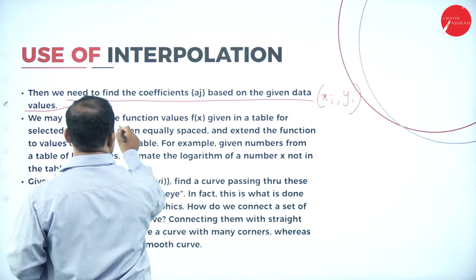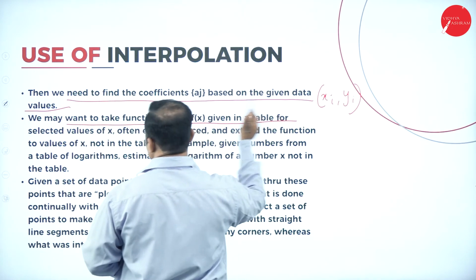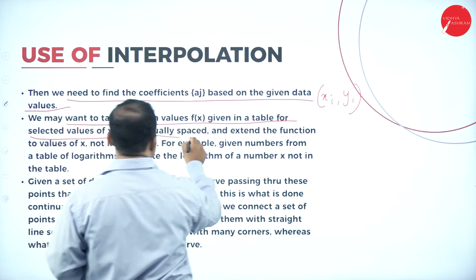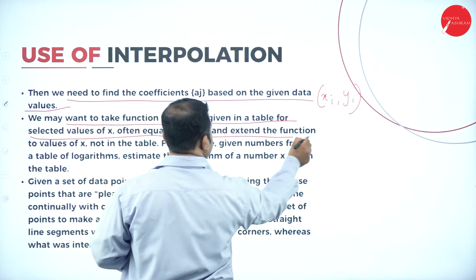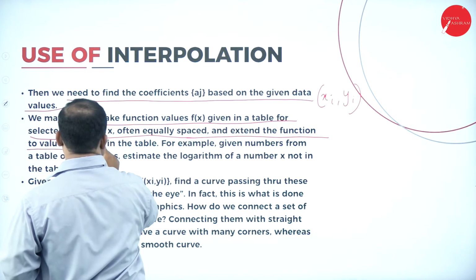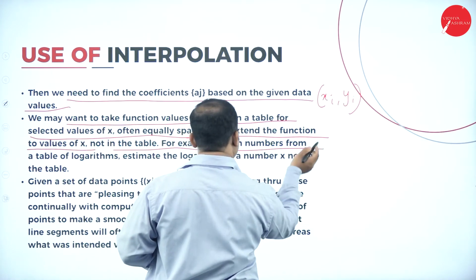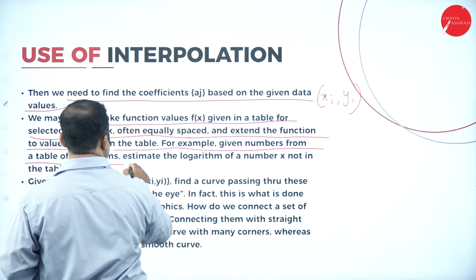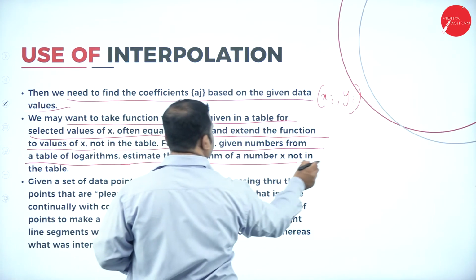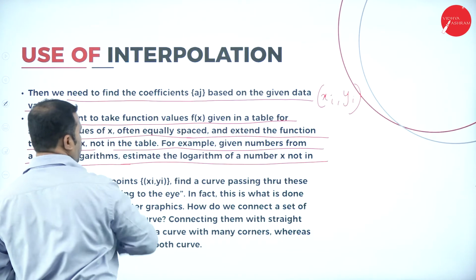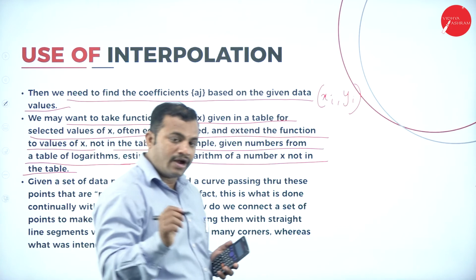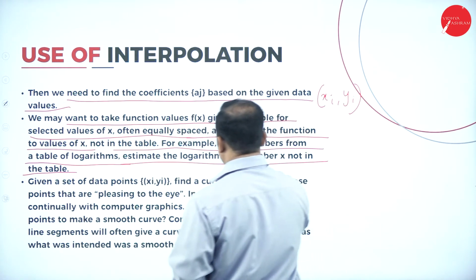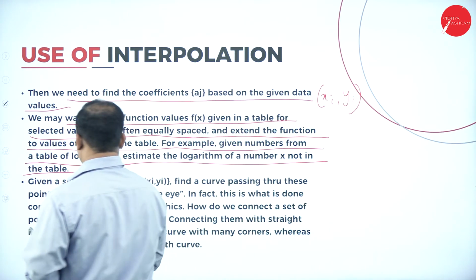If you want to take function values f of x given in the table for selected values of x, often equally spaced, and extend the function to values of x not in the table. For example, given numbers from a table of logarithms, estimate the logarithm of a number x not in the table. That is, we have to find the value of x which is not in the log table.